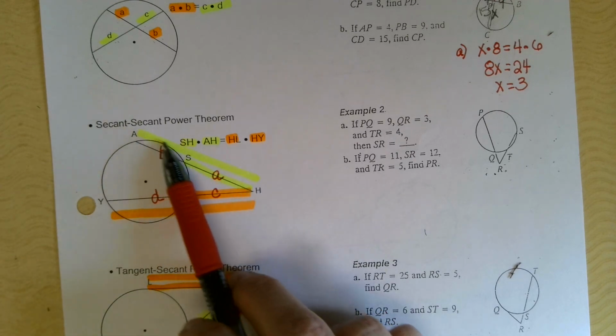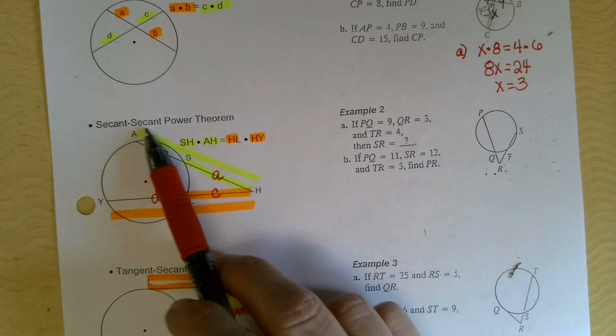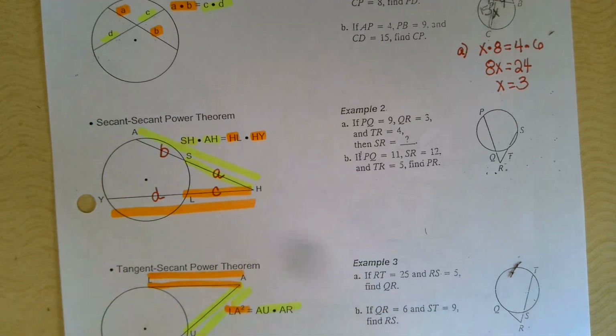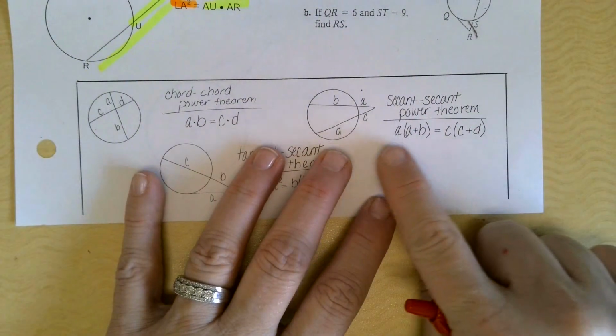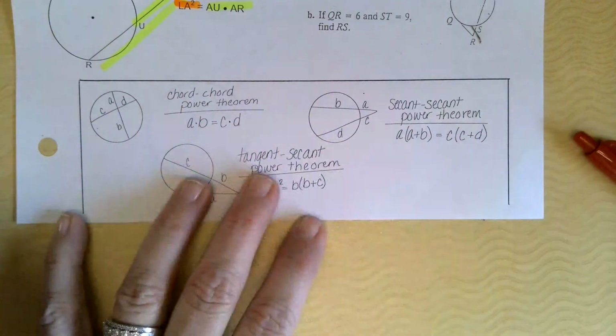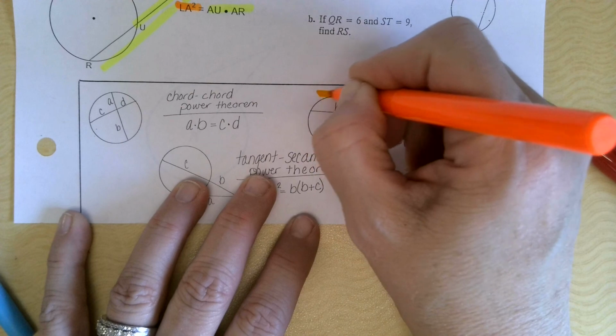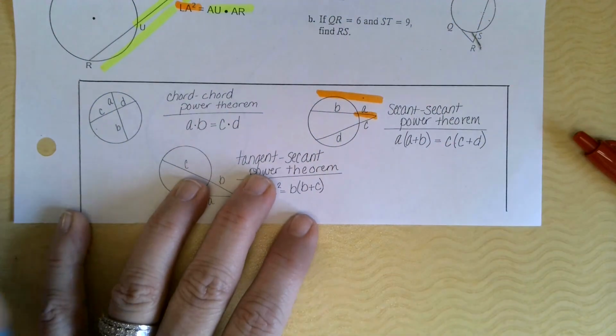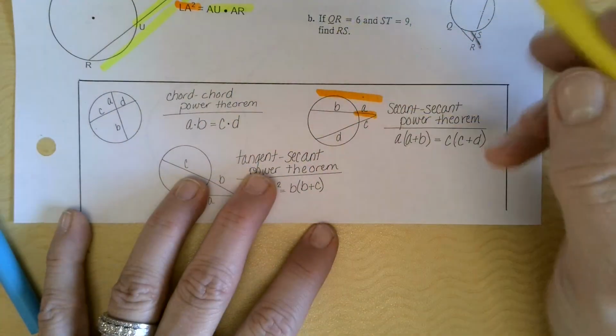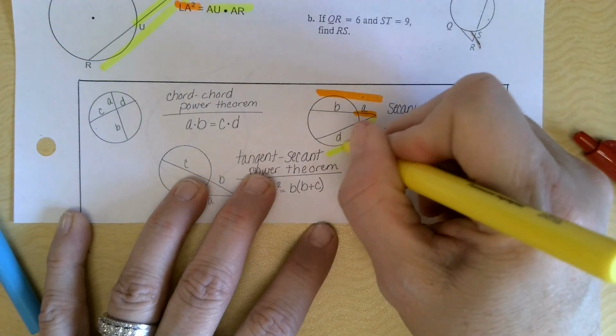We have to cover the entire thing, and that would actually be A plus B. So down at the bottom, if it helps you with the formula with the A and the B, you can see that it is right here. The formula says A times A plus B equals C times C plus D.